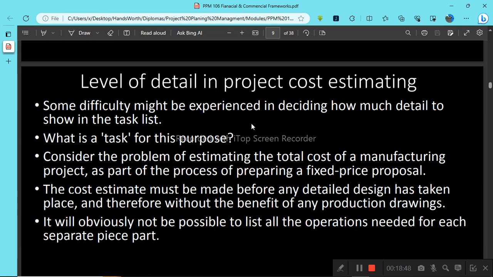Now, the level of detail in project cost estimation. Some difficulty might be experienced in deciding how much detail to show in the task list. This is coming up because of what we have just explained under bottom-up cost estimation.